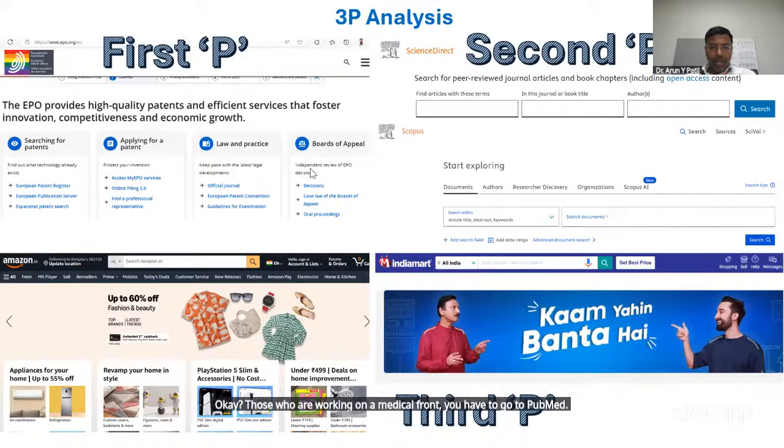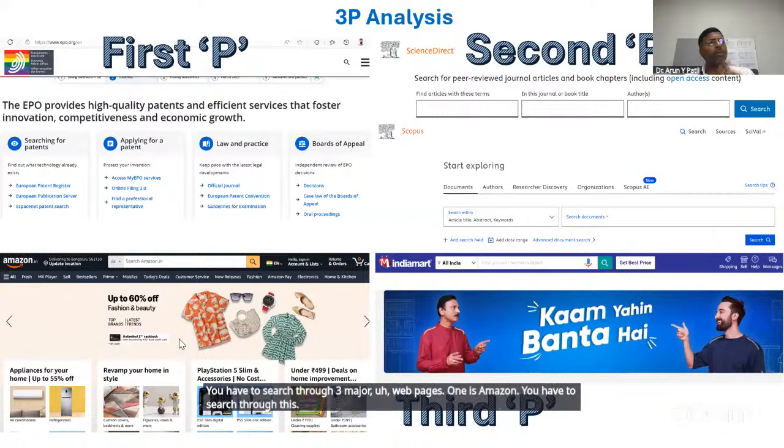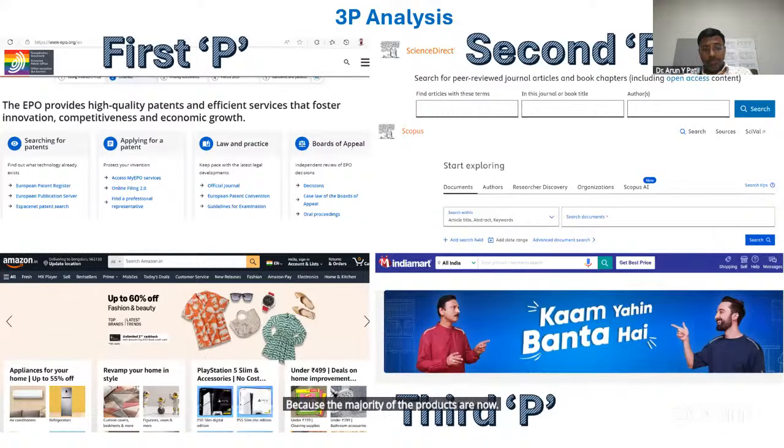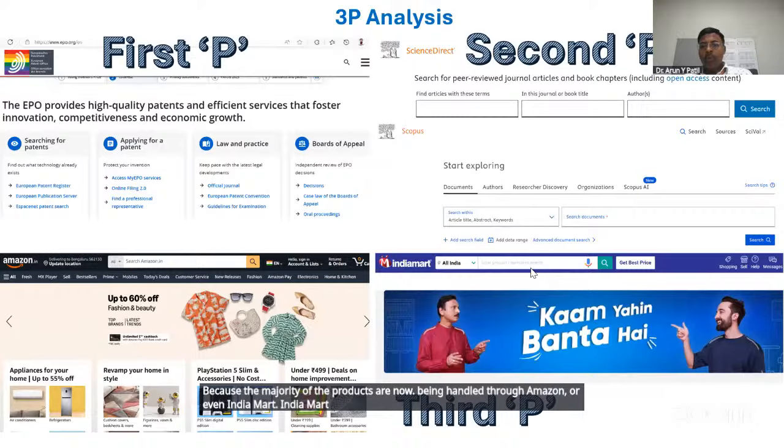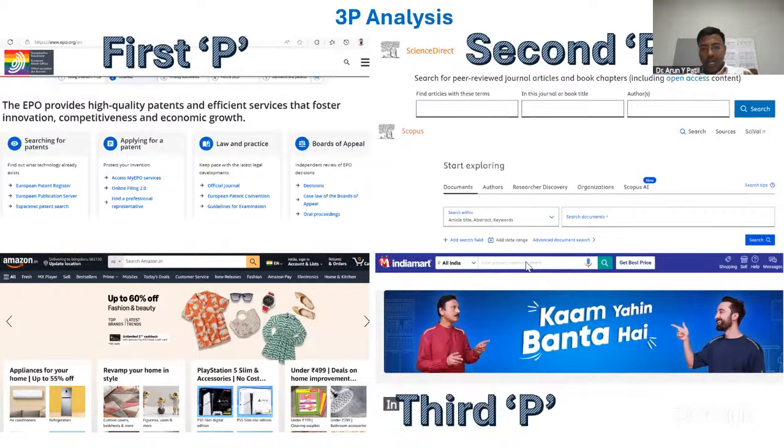And the third P, which talks about the products, you have to search through three major web pages. One is Amazon. You have to search through this because the majority of the products are now being handled through Amazon, or even IndiaMART. IndiaMART can give you in bulk or even in a single piece.